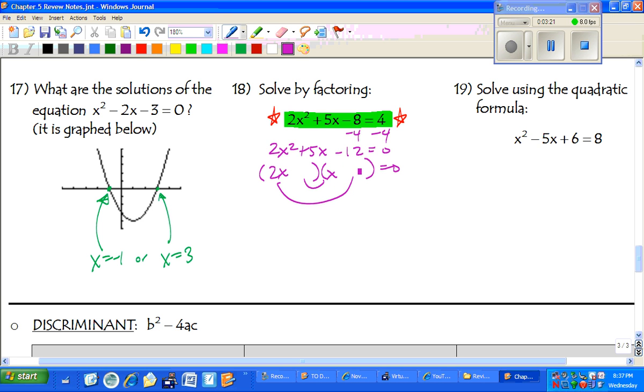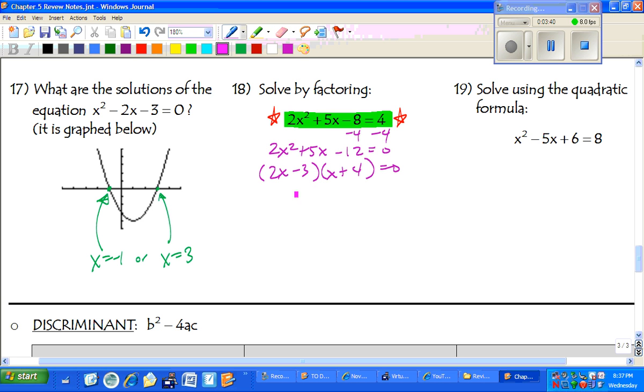So for this one, we end up getting plus 4 with the x, minus 3 with the 2x, because that gives us a -3x here, plus 8x, which gives us 5x. I'm going to erase those little arcs there.